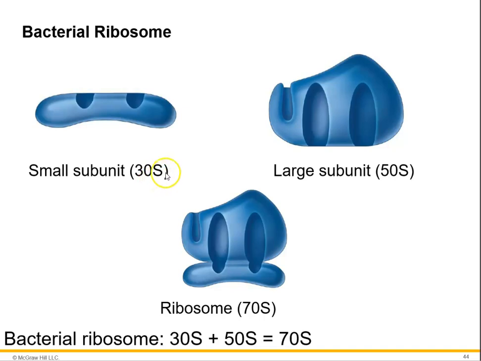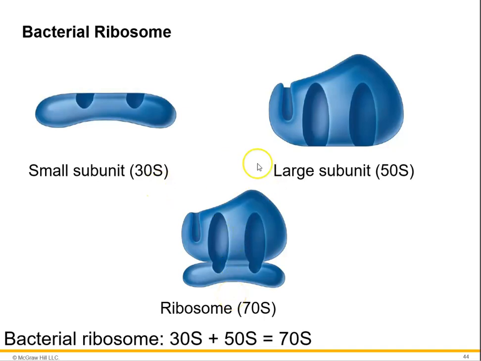The S stands for sedimentation, and what they do is they basically take the small subunit and they let it sink in a glass of liquid, and they note how long it took to settle. They do the same thing with the large subunit, and then they do the same thing with the ribosome.